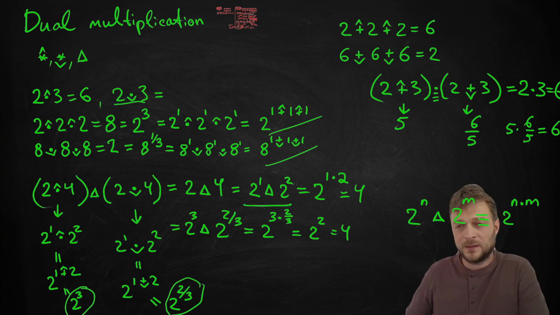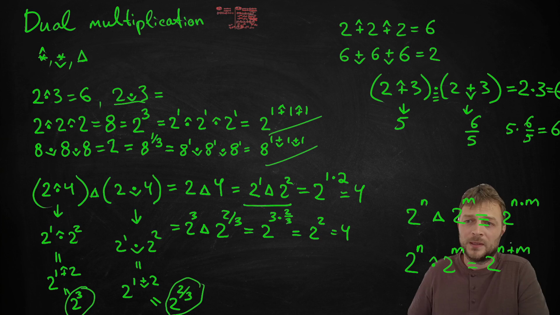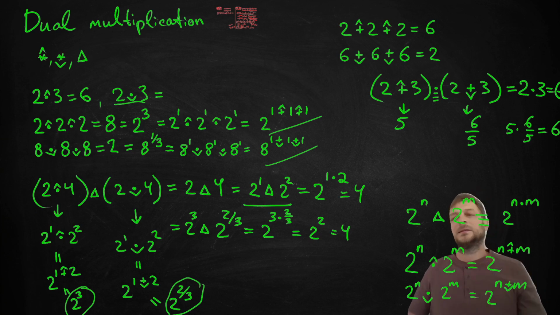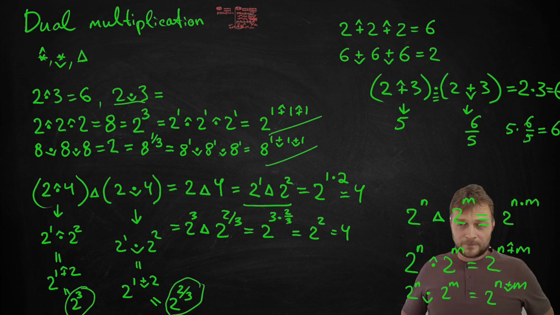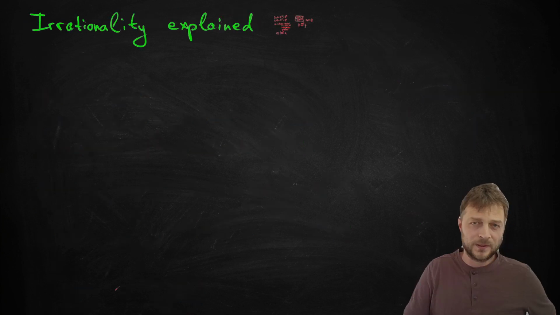It is defined as we see: 2 to the power n multiplied by 2 to the power m will be 2 to the power n plus m. And then the dual operation will be working like this. Okay. Let's move to the next page.